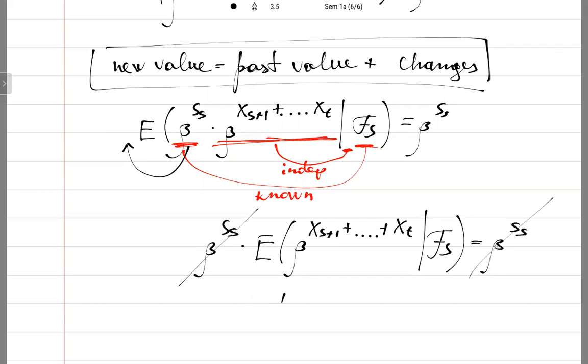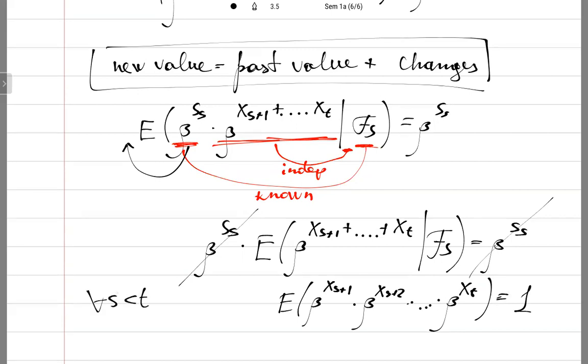So here we can simplify and take the usual unconditional expected value instead of the conditional expected value. And this is for every s. So we should have this equality for every s less than t. Okay?